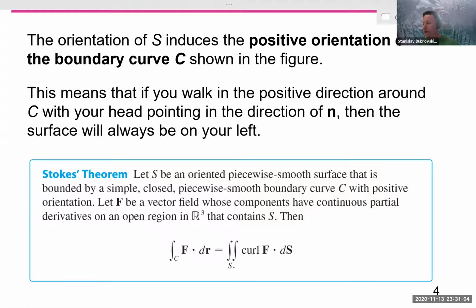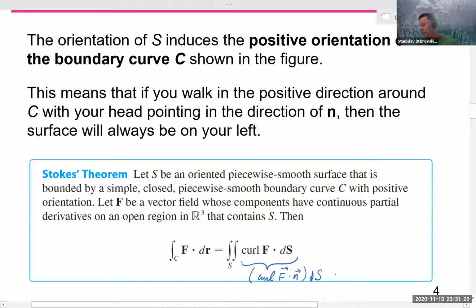But if you look in detail, the curl is a vector, so we have to create a scalar function. The scalar function here is curl f dot n, and that is integrated with respect to s.